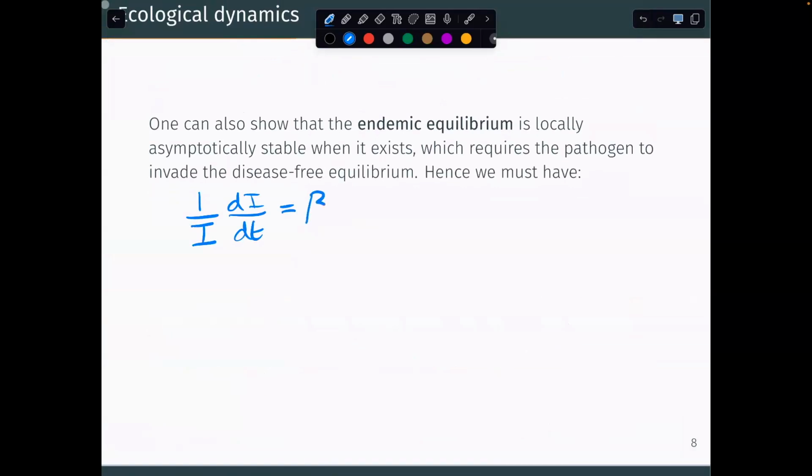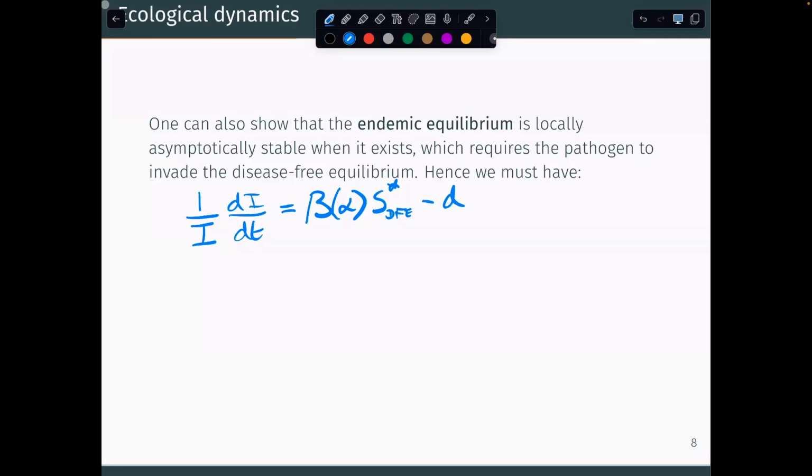So what is this per capita growth rate when it's rare? Well, it's going to be beta of alpha times S star, and I'll refer to this as S star at the disease-free equilibrium, or DFE, so we're clear on what equilibrium we're talking about. The I that we had before has been divided out, because we're talking about a per capita growth rate.